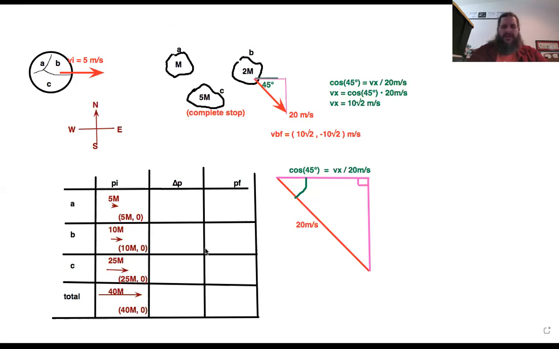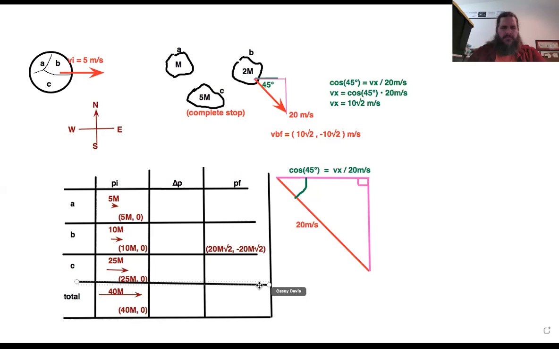So for object B, that'll be 20m root 2, negative 20m root 2. So those will be the xy components of the final momentum. Let me make some more space here. There we go.